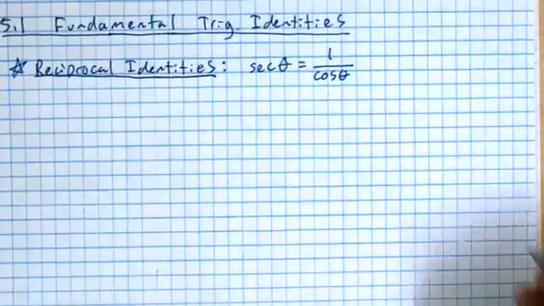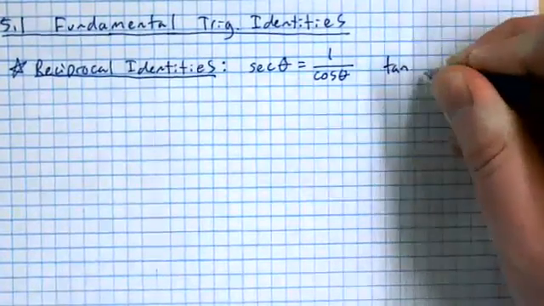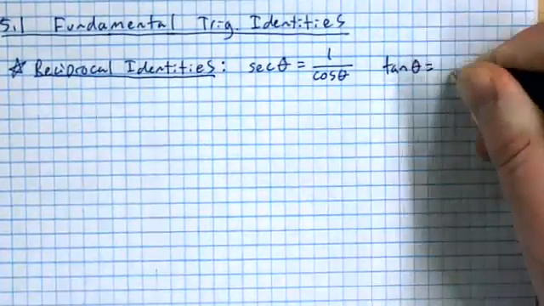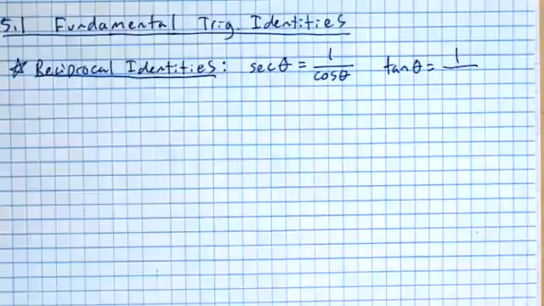Okay, this one is not on your sheet. See if you can complete this one. The tangent of theta is equal to 1 over. Ooh, tricky. This is not on your sheet, but can you figure this one out? What is tangent the reciprocal of? Cotangent. Hey, good for you.